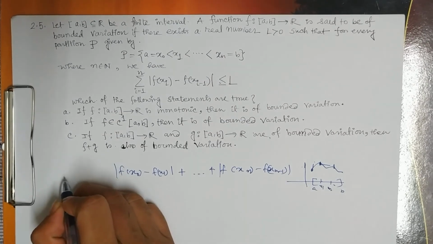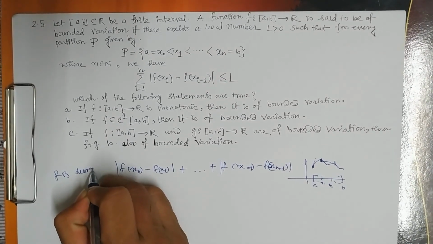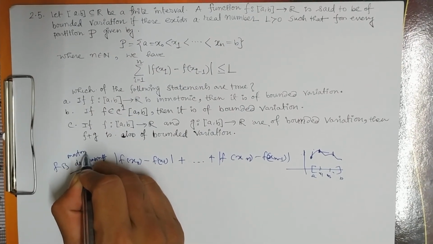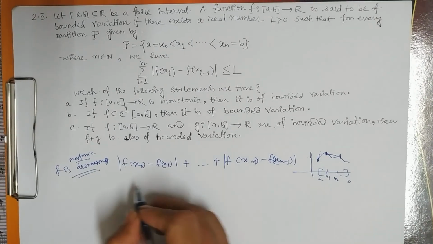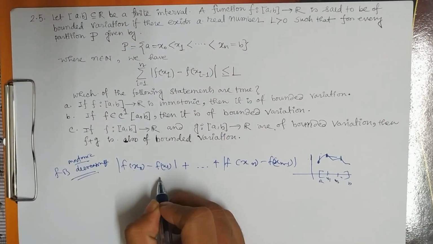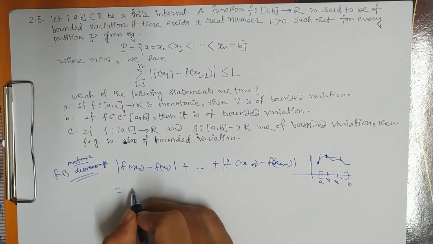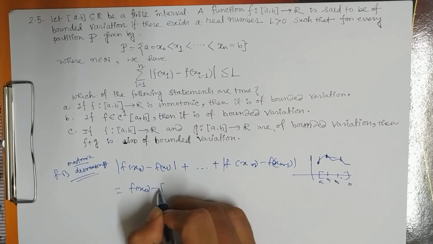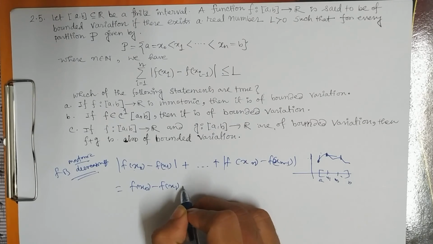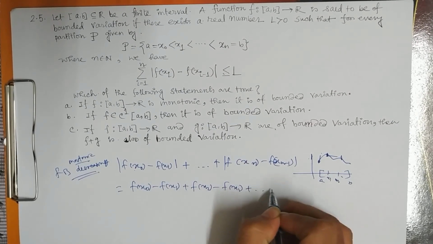Let's suppose I'm considering f to be monotonically decreasing. We can similarly do it for the monotonically increasing case. If f is decreasing, then f(x0) minus f(x1) is positive. So this sum will be f(x0) minus f(x1), then similarly |f(x2) minus f(x1)| will be basically f(x1) minus f(x2), and so on up to the last term.